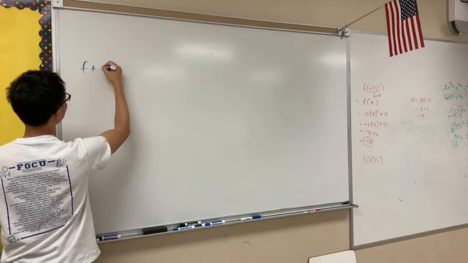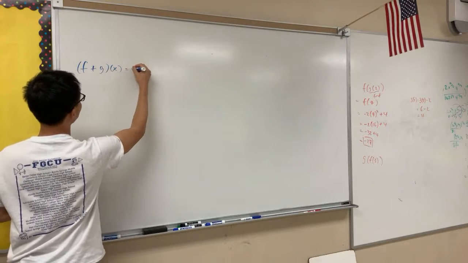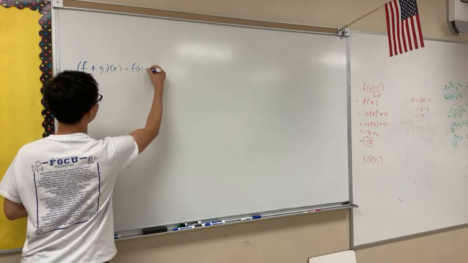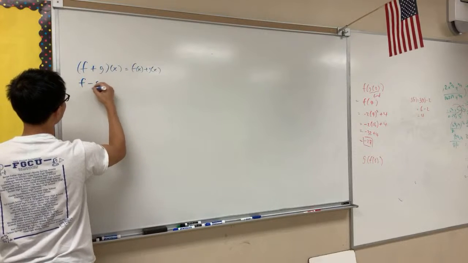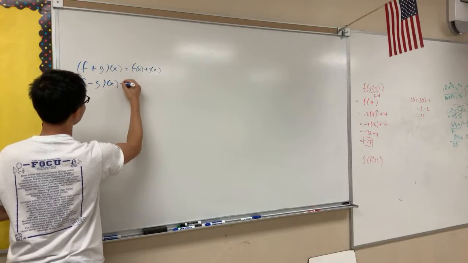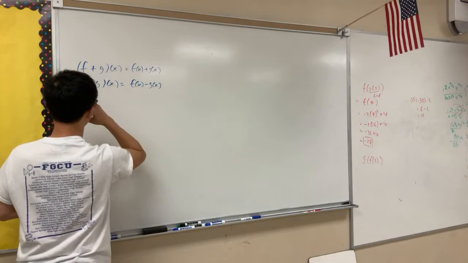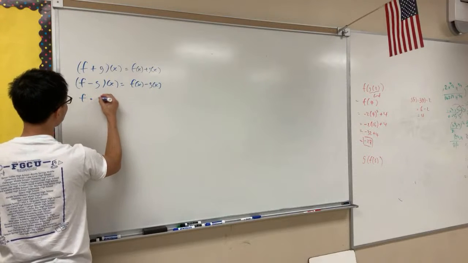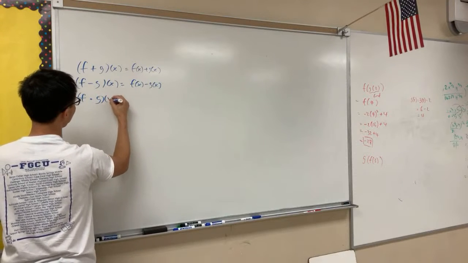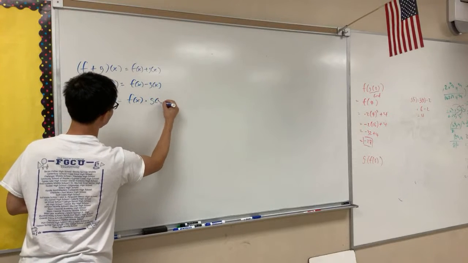f plus g of x is equal to f of x plus g of x. We already know this. f minus g of x is equal to f of x minus g of x. And we got f times g of x, that's equal to f of x times g of x.